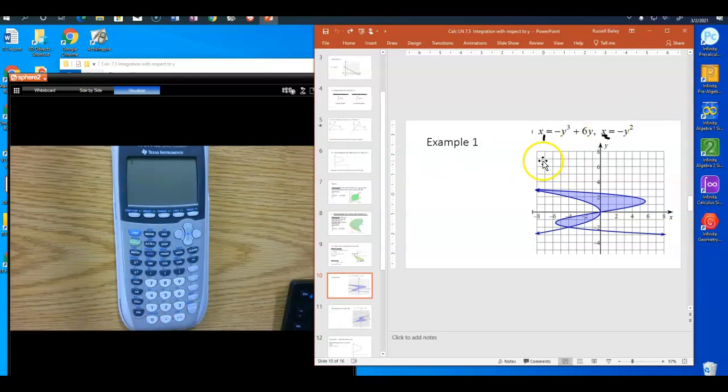All right, so what we want to do is integrate from -2 to +3. So here we go. We're going to do math, 9, -2, +3, and we're doing absolute value. The order doesn't matter which function you put in there when you have those absolute value bars, and you're good to go.